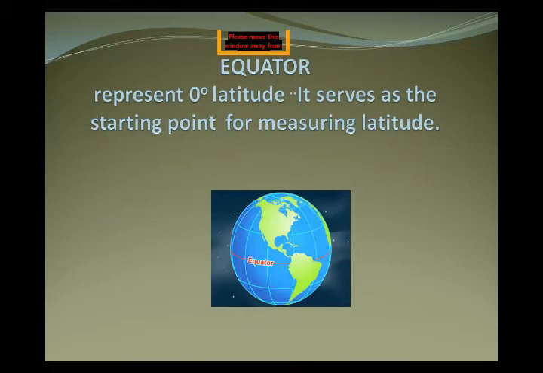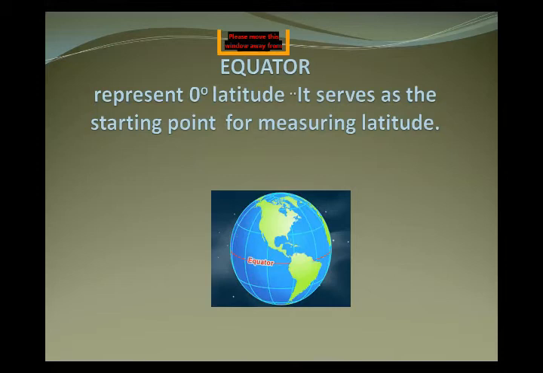It serves as the starting point for measuring latitude. Now, further, I am going to explain. The equator is defined as an imaginary line drawn on the earth, spaced equally between the North and the South Pole.